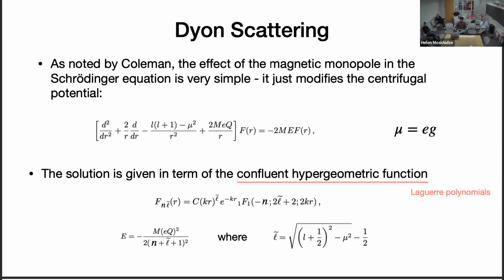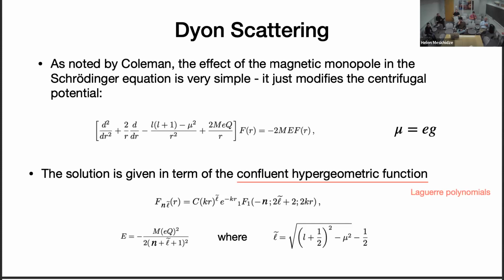So it adds to the centrifugal force. This coupling equation of two dyons can be solved exactly again in terms of known functions, the confluent hypergeometric function, which is actually the same as the Laguerre polynomials that I mentioned before. So it really is the same thing.